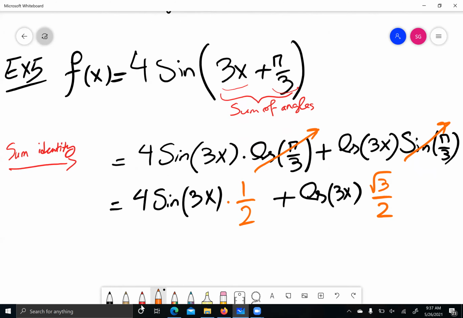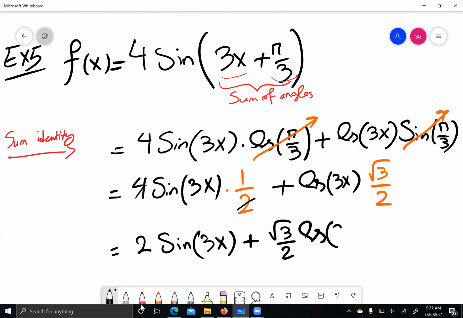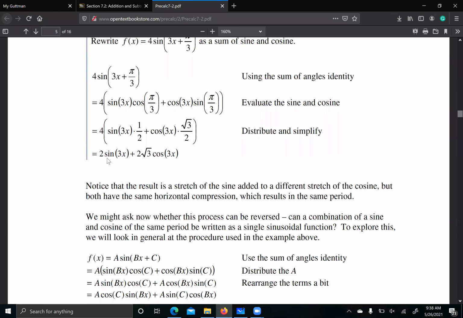That's it. If you want, we can simplify further. For example, this by this is going to be 2 sine of 3x plus square root of 3 over 2 cosine of 3x. But the point is that we end up with an expression. So we rewrote the function as a summation of sine and cosine functions.